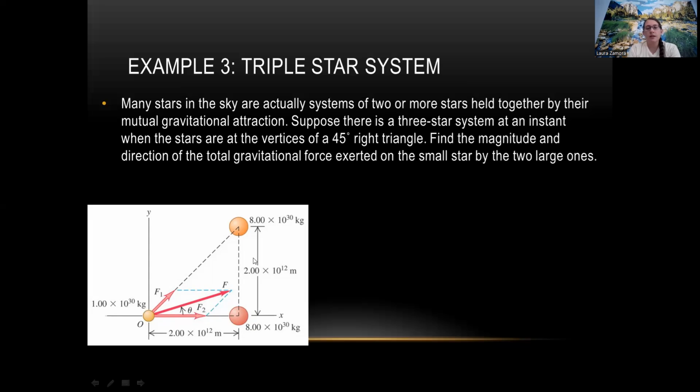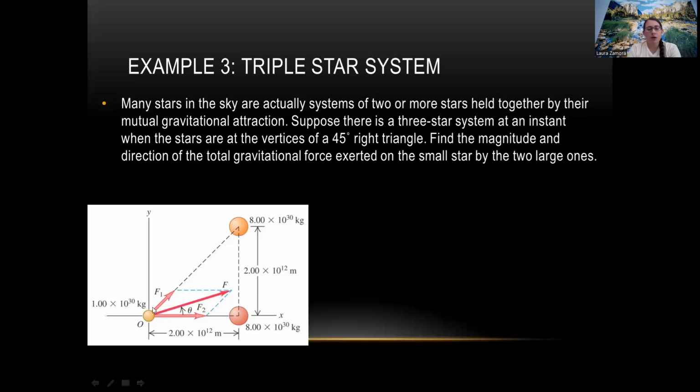We just happen to take a picture, or an observation, of this star system when these stars are making a right triangle like this. We have a distance between the small star and the red star of 2 times 10 to the 12 meters, and a distance between the orange big star and the red big star is also 2 times 10 to the 12 meters.